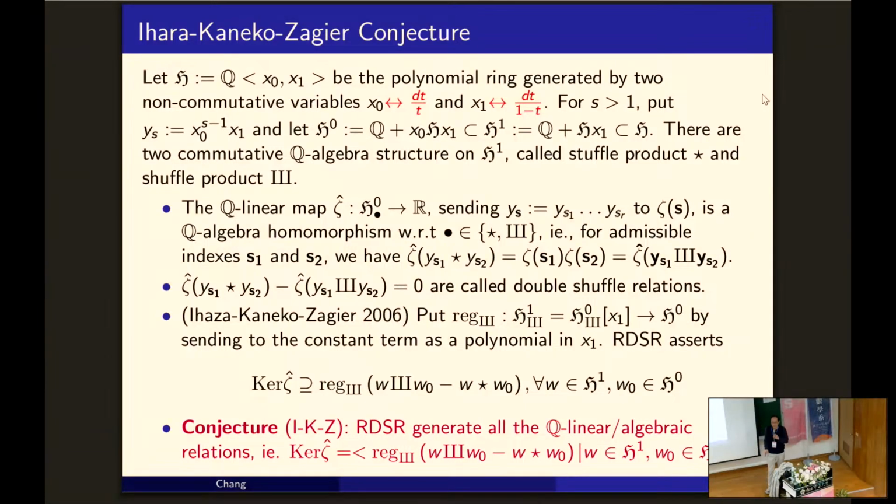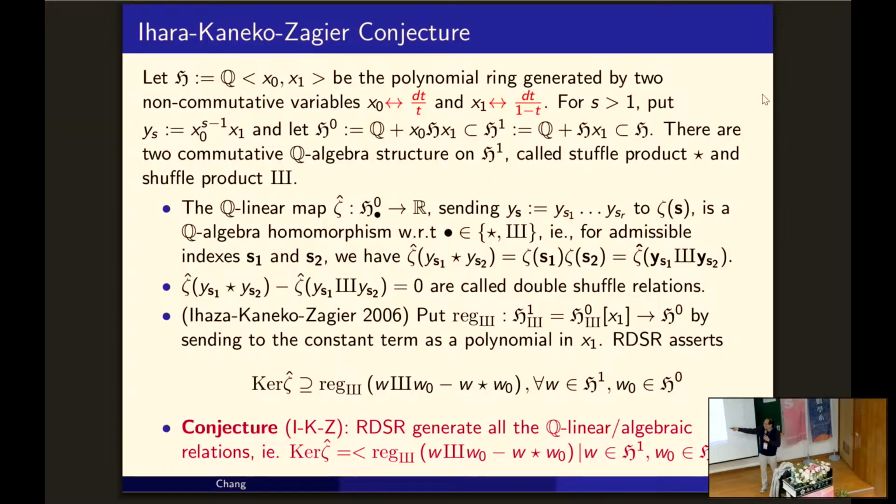But in classical theory, people found that these kinds of relations are not enough to produce all the relations. This is the work of Ihara, Kaneko, and Zagier in 2006. In their paper, they had a so-called regularization. We consider this H1, and as a multiplication law, you use sharp, and this becomes the algebra generated by x1 over H0.